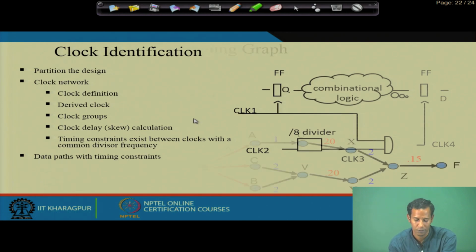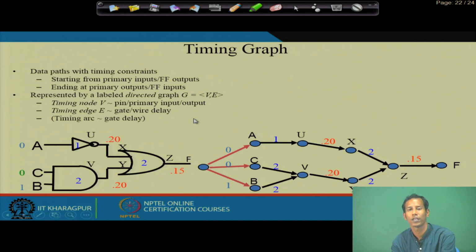So how can any EDA tool analyze the timing constraints on a particular circuit? Suppose this is one circuit implemented in a digital IC.